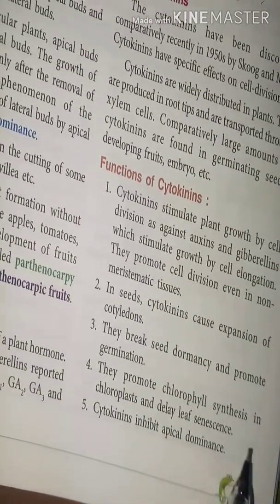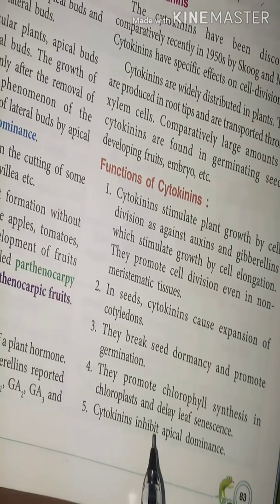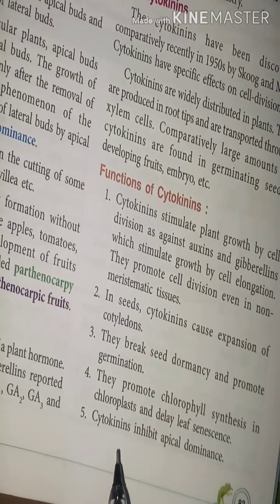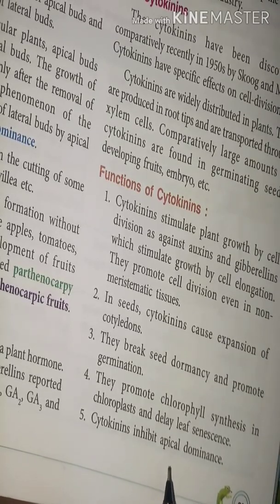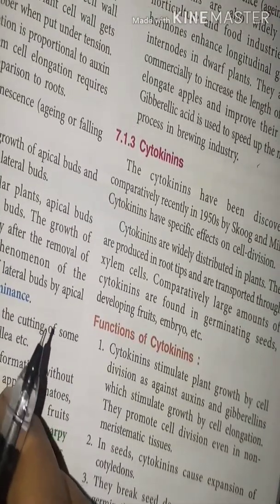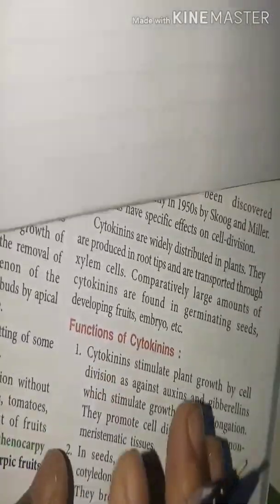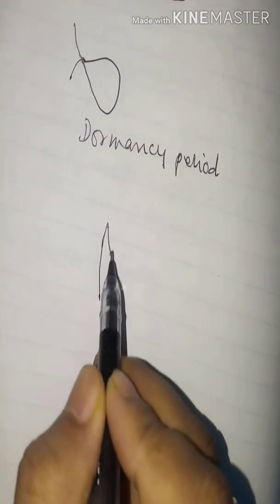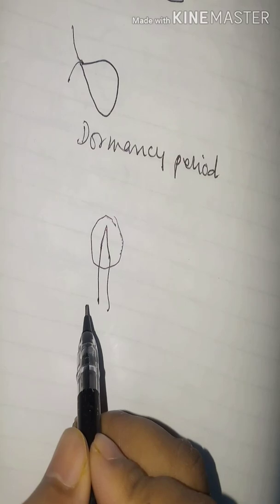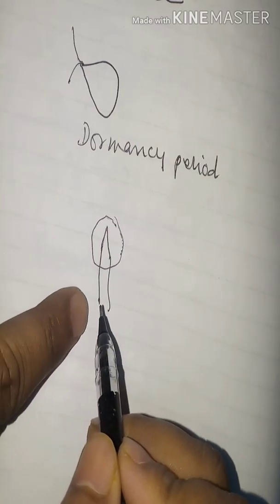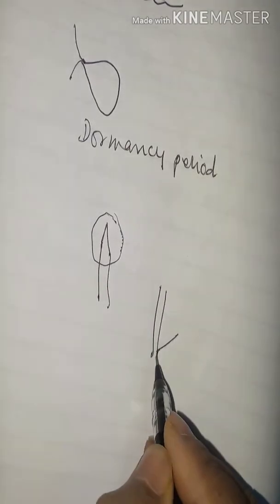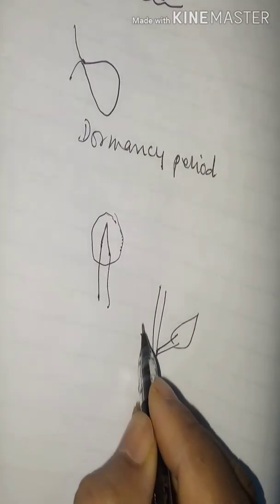They promote chlorophyll synthesis in chloroplasts and delay leaf senescence. Cytokinin inhibits apical dominance. When we studied auxin, it promotes apical dominance, meaning auxin promotes the growth of the main shoot, but cytokinin promotes the growth of the lateral branches.